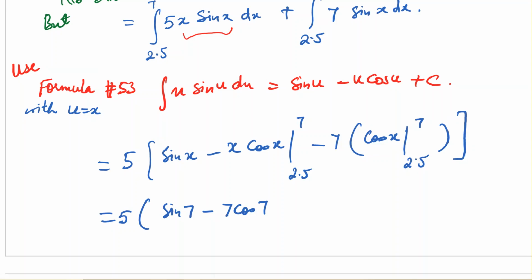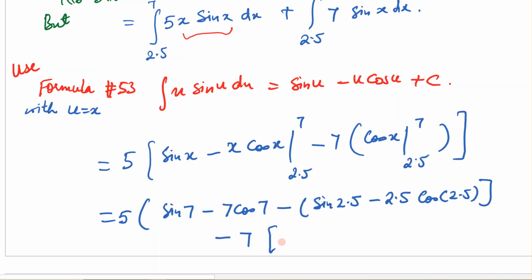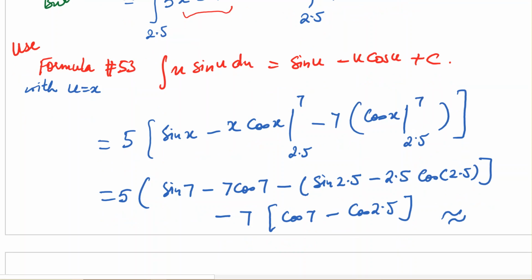So we get, first we put 7 in place of x, and then minus sine of 2.5 minus 2.5 cosine of 2.5. Okay, and in the end we get negative 7 times cos 7 minus cos 2.5. When we solve this, in the end we get negative 46.99 as our value of this definite integral.